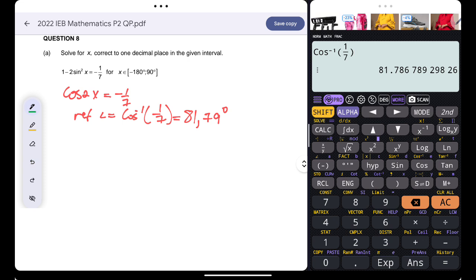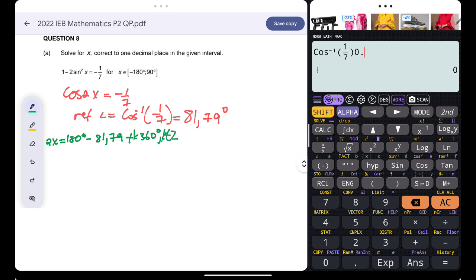So how can I do so? I know that cos is negative in the second and third quadrant. So in the second quadrant, angles are written as 180 minus. So I'll say 2x is equal to 180 degrees minus 81.79 plus k 360, where k is an integer.